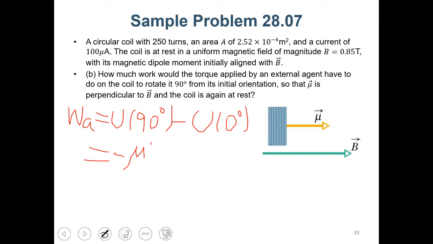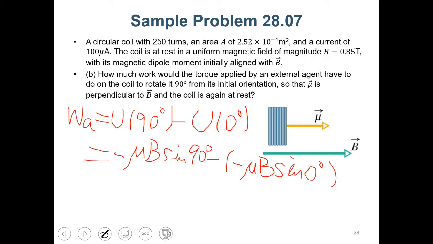So it is mu B sine 90 degrees minus negative mu B sine 0 degrees. So it is nothing but mu B. Negative. Should be negative.